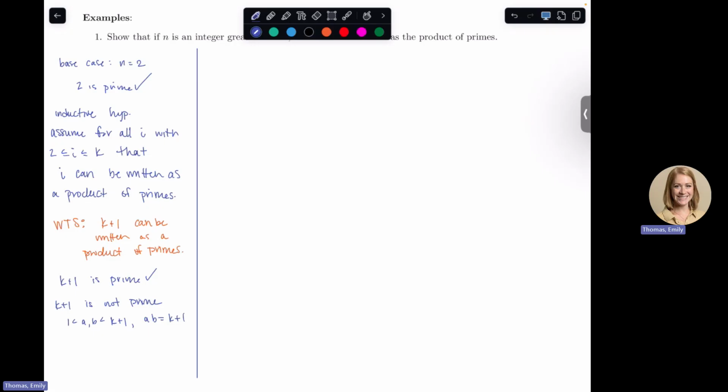And then this a and this b are both hit by the inductive hypothesis, so each of these can be written as a product of primes, and therefore k plus 1 is a product of primes. Cool? Corey, what do you think? Sounds good.